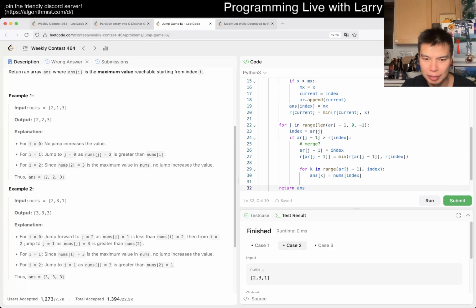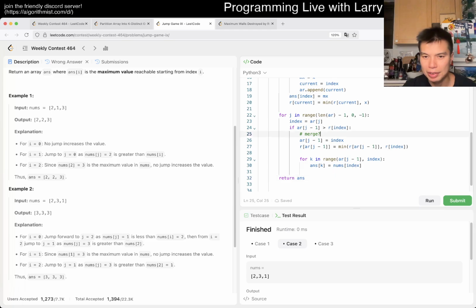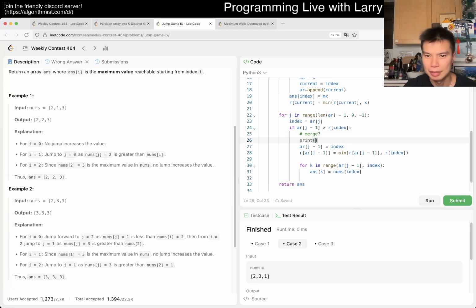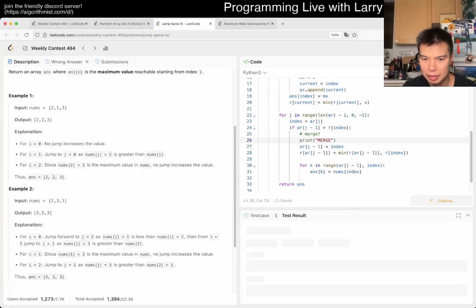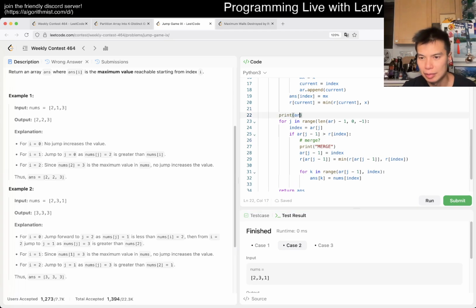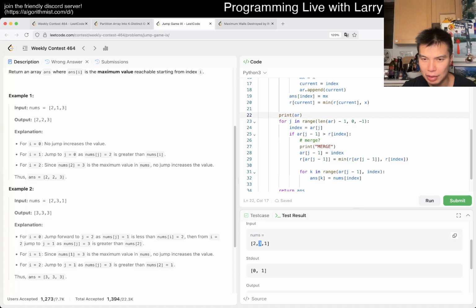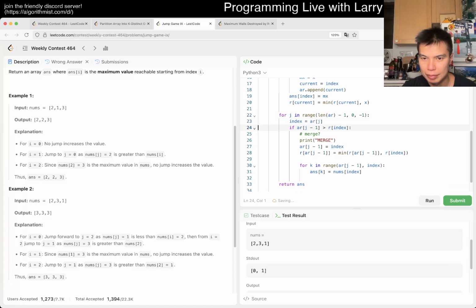2, 3, 3. I mean, this is wrong, so that's no good. But do we merge? Nope. What am I printing? So what are my maxes? Maxes on 0 and 1, that's right. So what is AR?